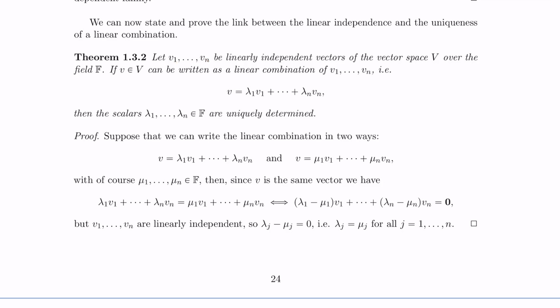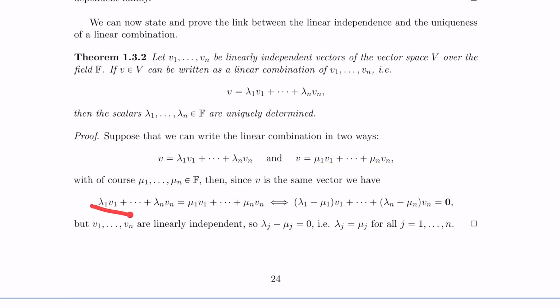Suppose that the vector v can be written in two ways as a linear combination of v1, ..., vn. The first is with coefficients lambda 1, ..., lambda n, and the second is with coefficients mu 1, ..., mu n. The vector v appearing in the linear combinations is exactly the same, and so we can write the equality between them.